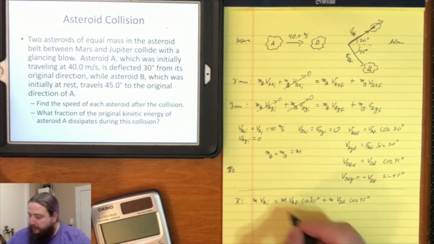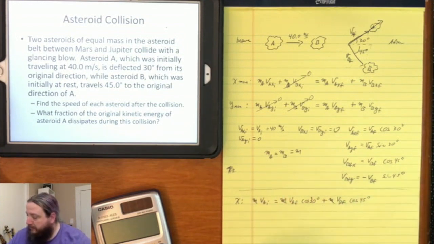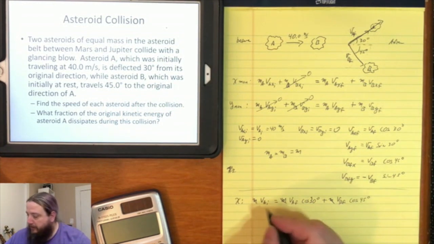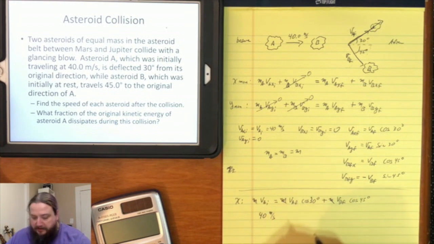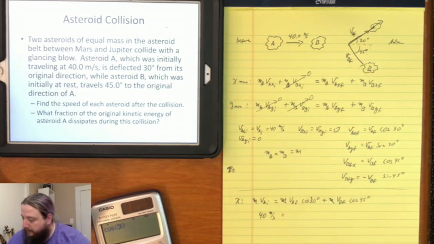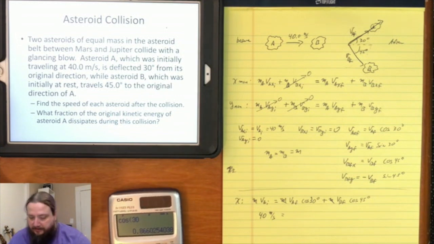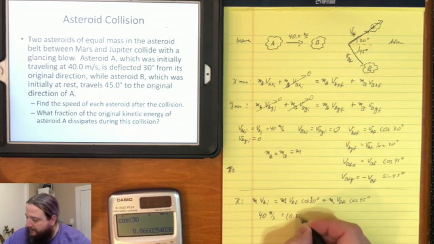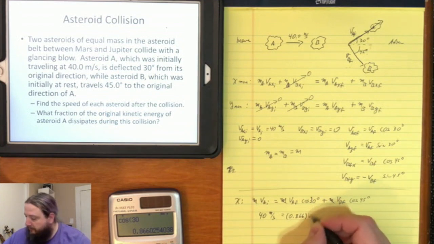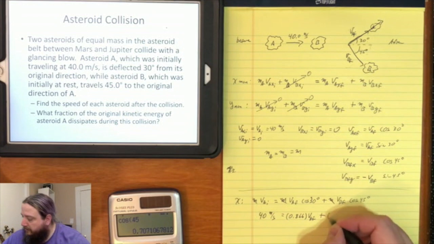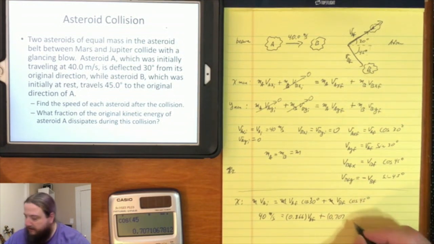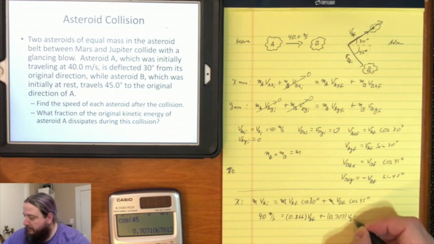And the mass terms cancel, and we can replace the initial velocity with 40 meters per second, and the cosine of 30 is 0.866, so 0.866 times VA final plus the cosine of 45 degrees, 0.707 times the velocity of B final.